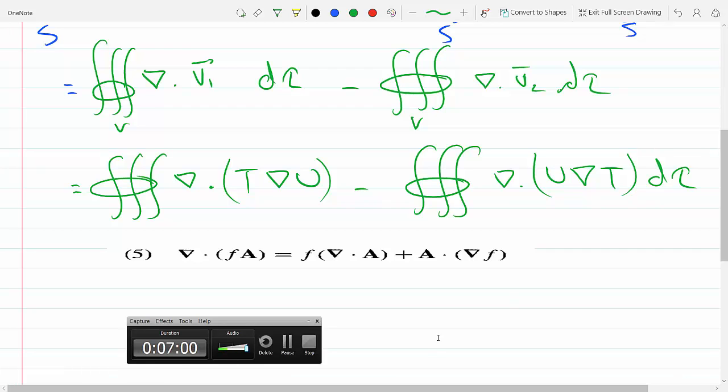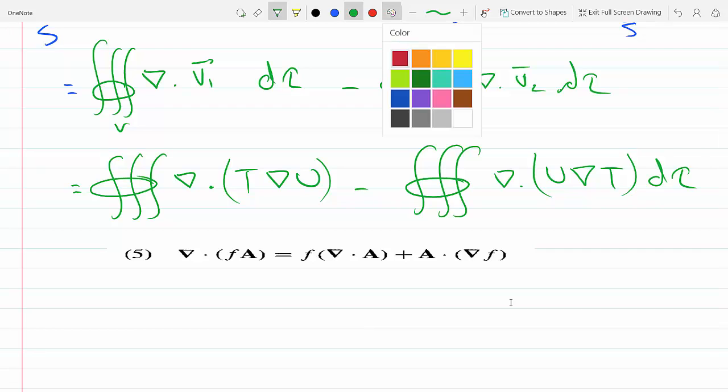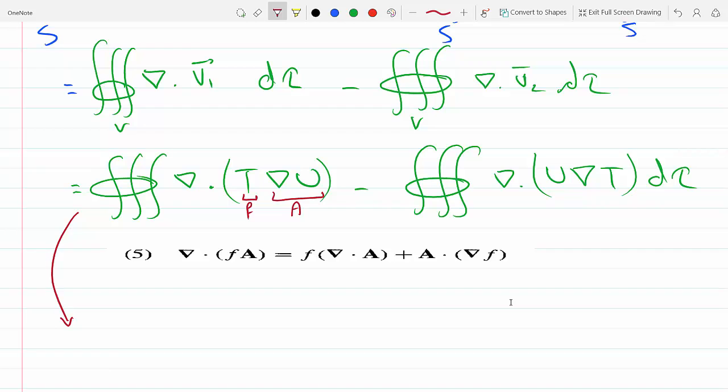Okay, so this is product rule number 5 that we see. This is the divergence, and in our case, the gradient is the A, and the T is the F. So if we do this, let's start at the beginning here.